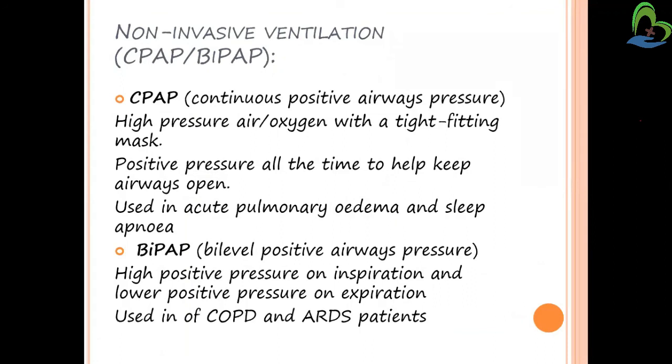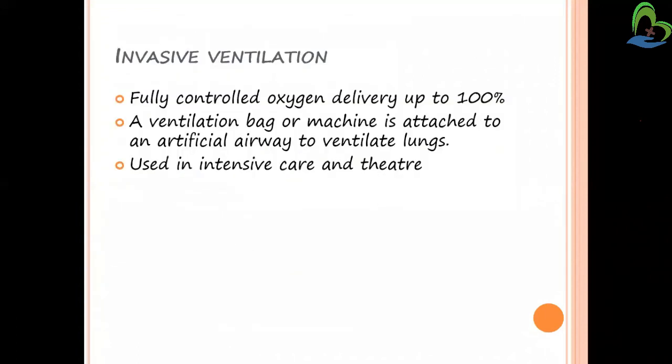In non-invasive ventilation the two modes are CPAP and BiPAP. CPAP stands for continuous positive airway pressure and BiPAP stands for bilevel positive airway pressure. And in invasive ventilation we saw that we do tracheostomy or intubation and deliver oxygen to the person with the help of a ventilator, that is the invasive ventilator.